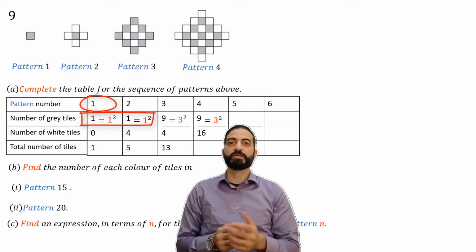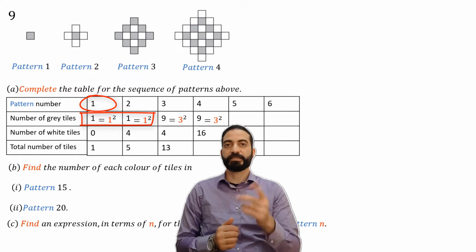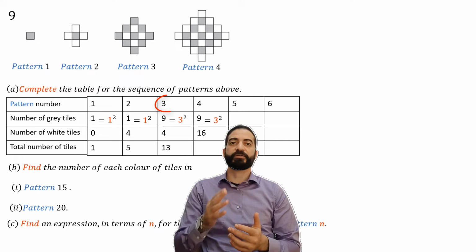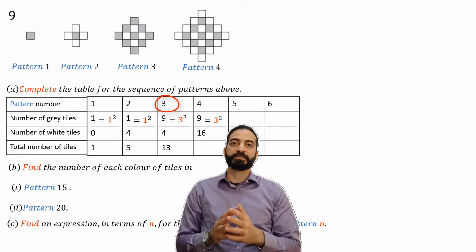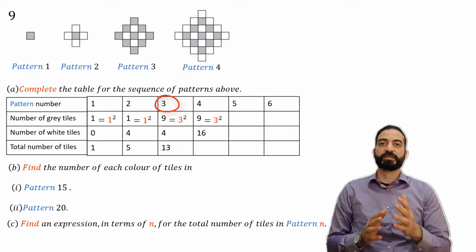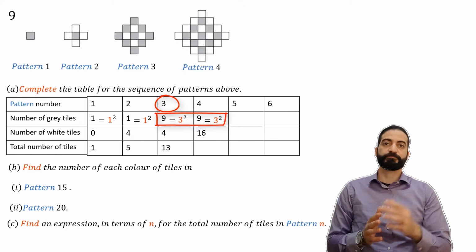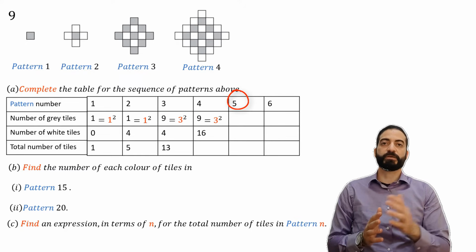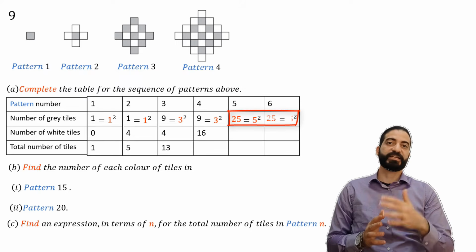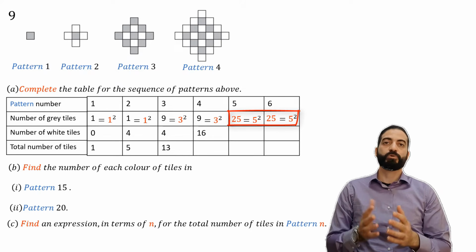We write 1 squared twice, here and here. Also here we have 3, so we write it twice, here and here, but squared. Also here we have 5, so we write this twice, here and here, but squared.